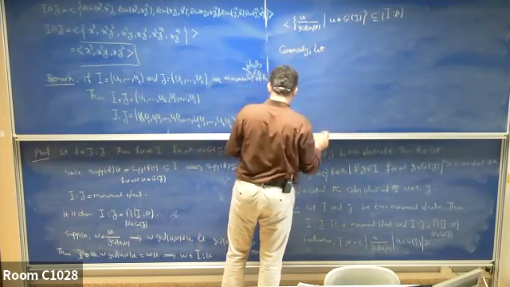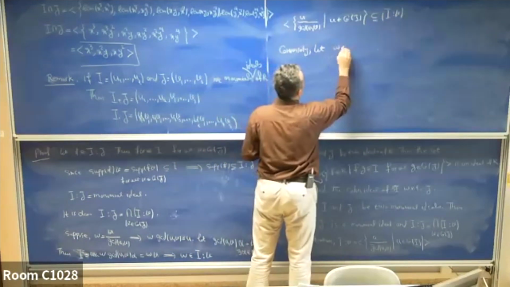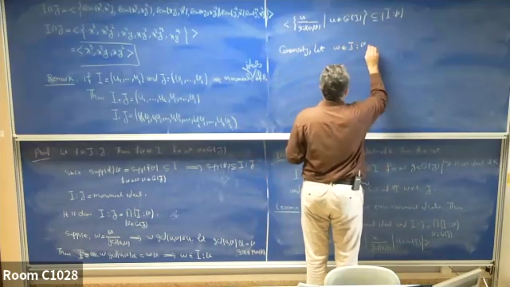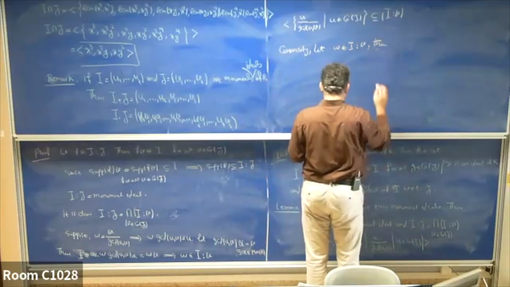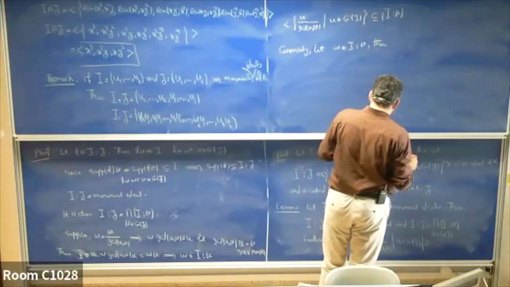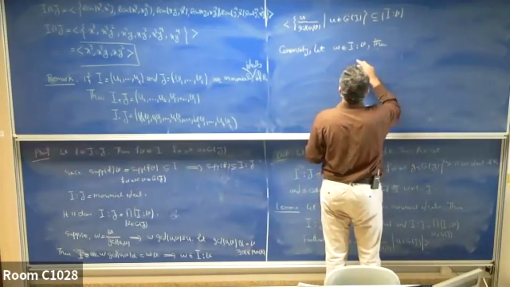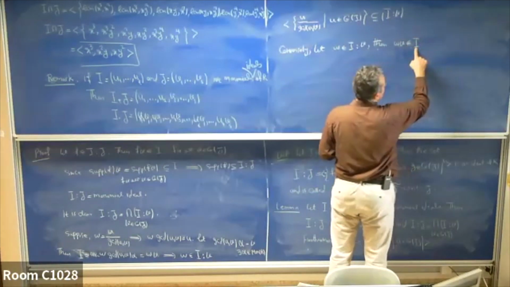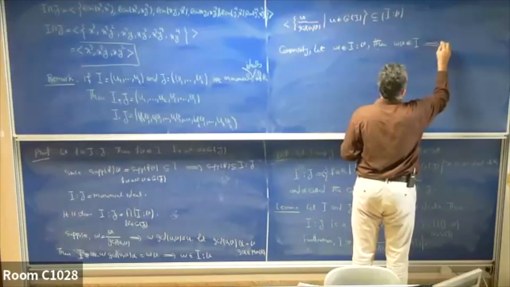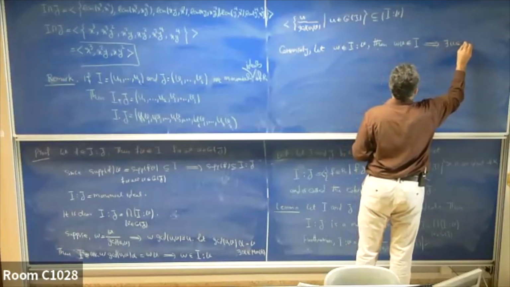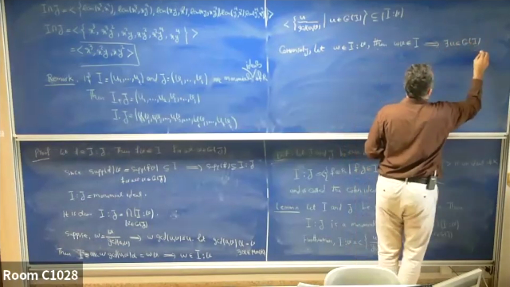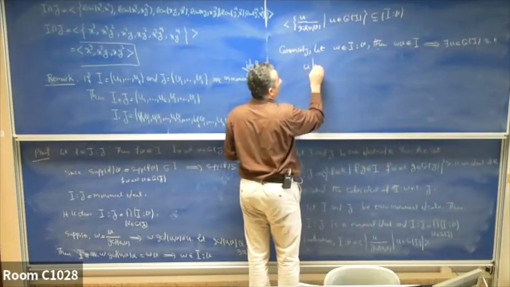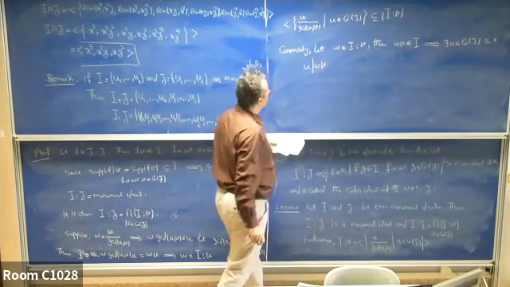let omega be in I : v, then omega v is divisible by I. And so I is a monomial ideal. Then there exists u in G(I) such that u divides omega v by fact 1.